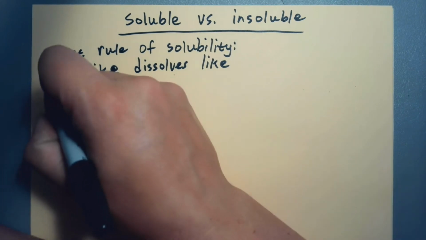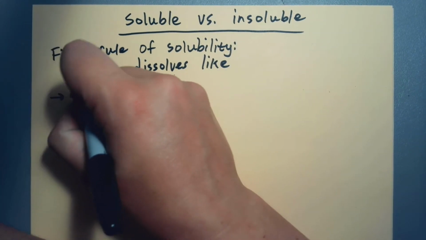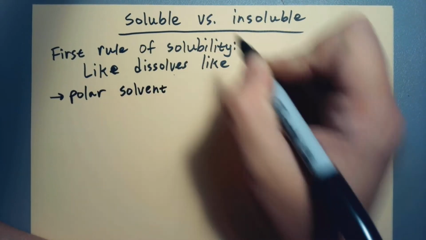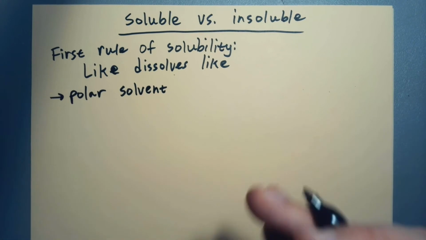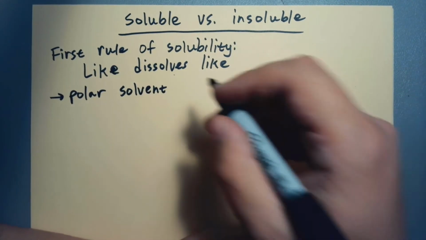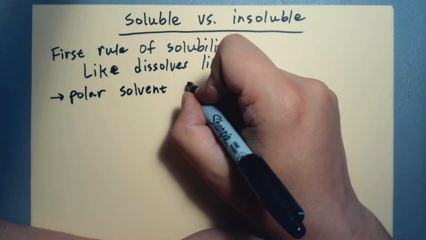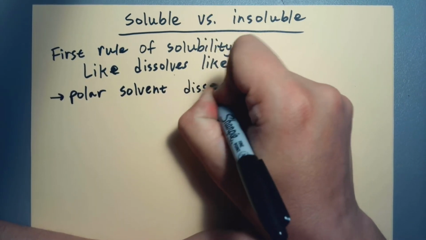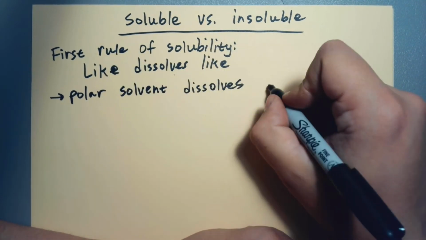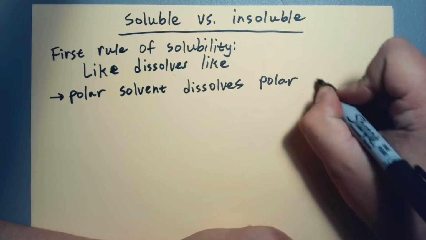So, just to be clear, if you've got a polar solvent like water, remember we talked early on, water has that bent geometry which makes it a polar molecule, makes it a polar solvent. A polar solvent dissolves polar molecules.